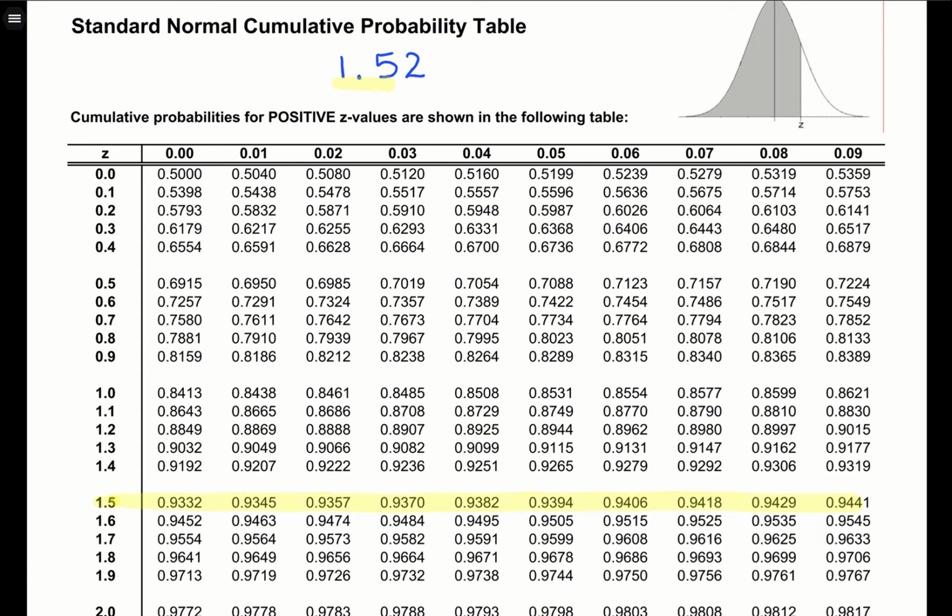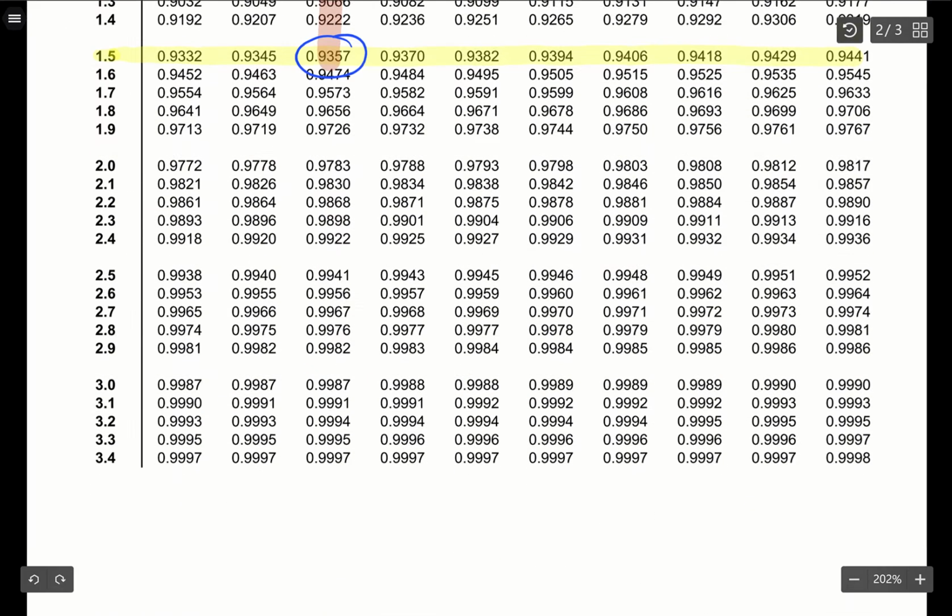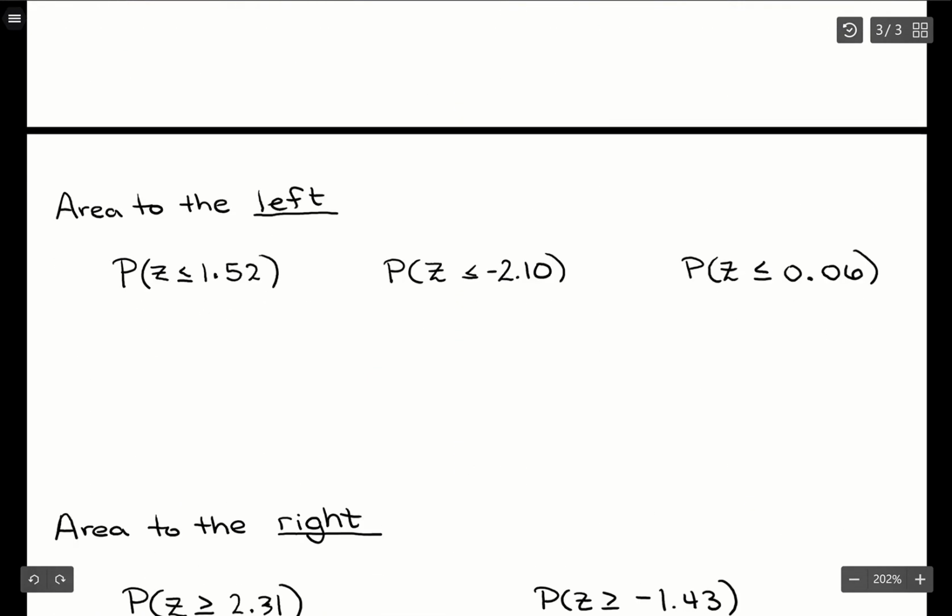Then to figure out which of those values to use, I want to use my hundredths place of the 2. So I go over to the right until I find that 2, and then I see where the 2 intersect, which is going to be at that 0.9357. And that's our area under the curve, 0.9357.